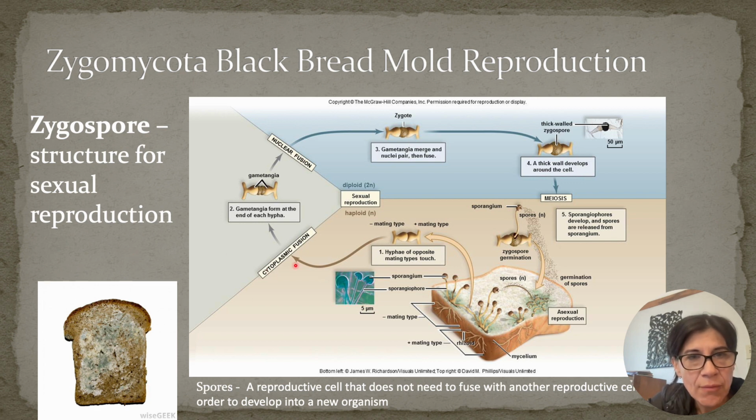And one thing I want to point out is that fungi can reproduce both sexually and asexually. Remember, sexually it would be 2 different organisms joining their genetic material to produce the offspring. Asexually is 1 organism producing offspring. And why is this important?